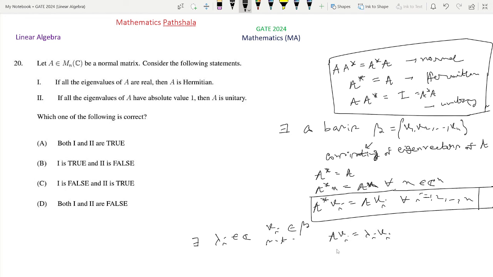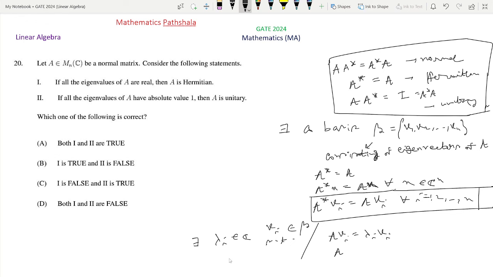And now we also have a result: as A is normal and A Vi equal to lambda Vi, then this Vi also will be an eigenvector of A star corresponding to the eigenvalue lambda i bar. When A is a normal matrix and Vi is an eigenvector of A, there is a standard result that Vi will also be an eigenvector of A star corresponding to the eigenvalue lambda i bar.